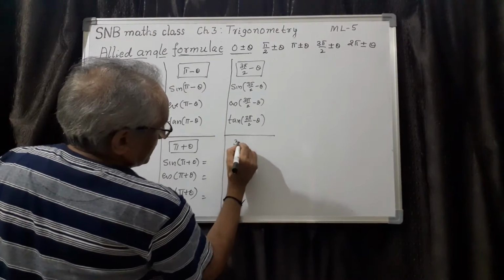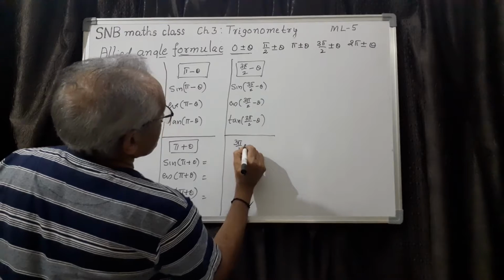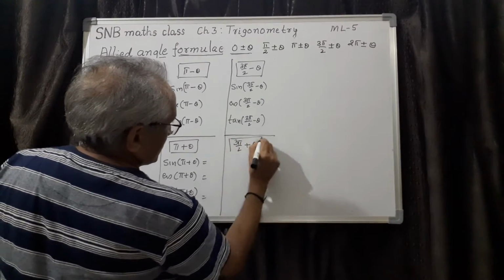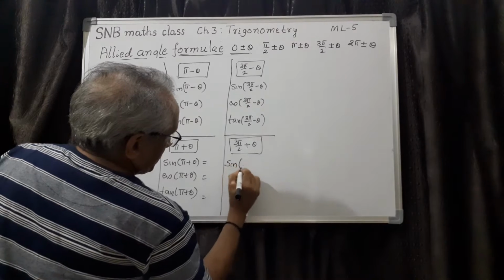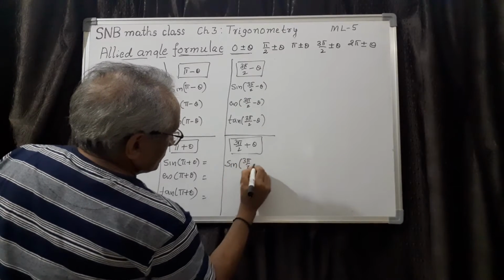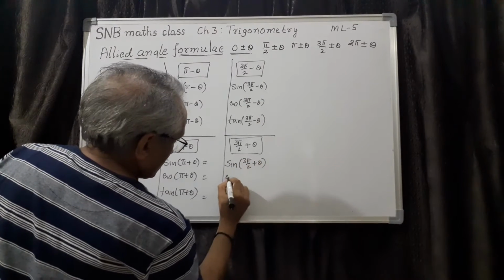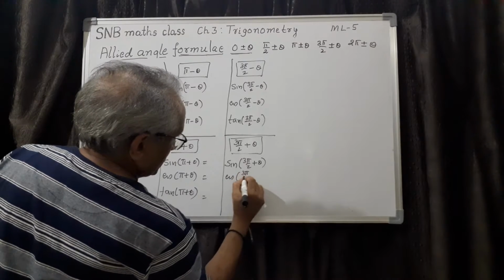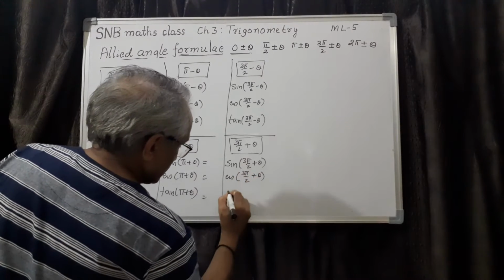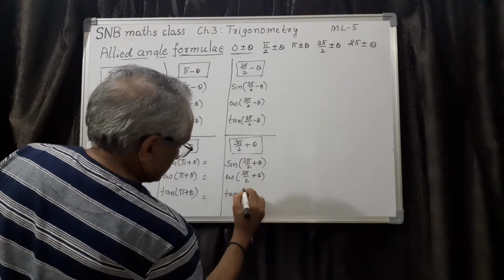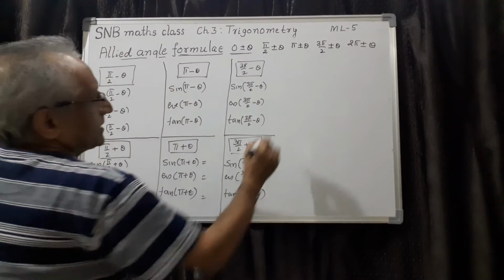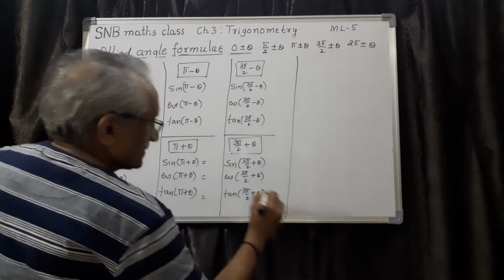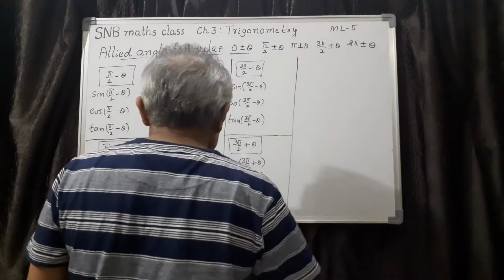So the 3 pi by 2 plus theta set. I am writing the ratios: sine of 3 pi by 2 plus theta, cos of 3 pi by 2 plus theta, tan of 3 pi by 2 plus theta.